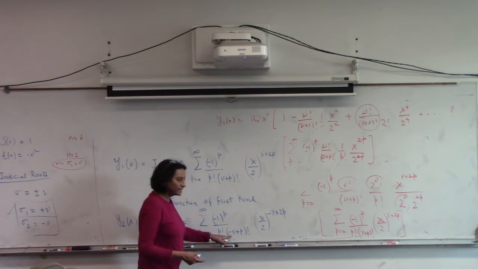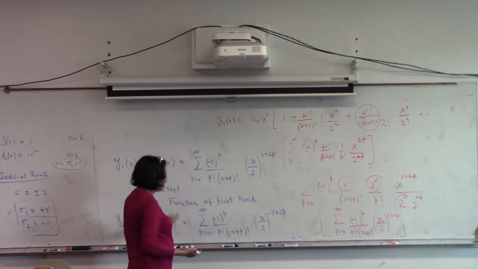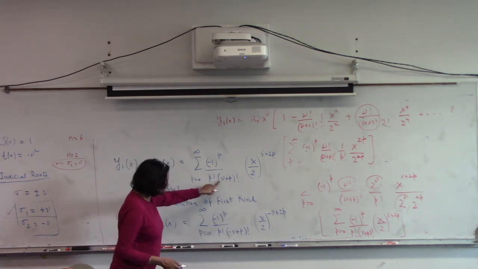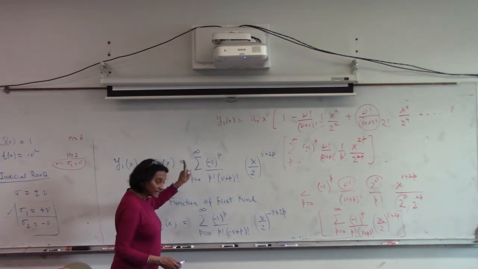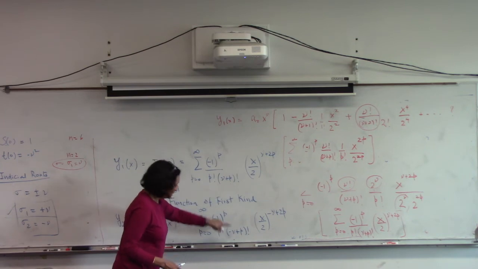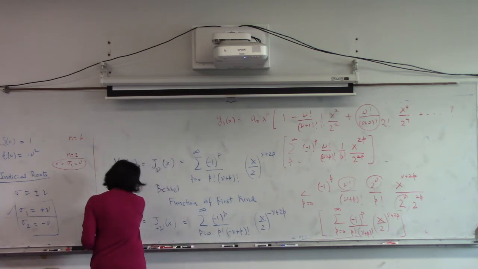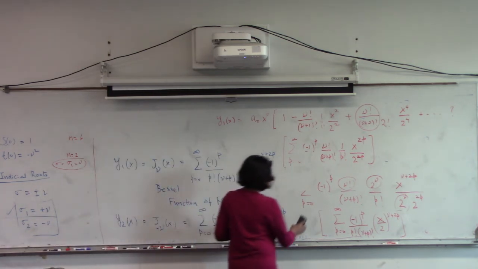This quantity can be half, can be fractional. But p is always an integer, so it's okay. That can be left the way it is. This quantity is normally written as gamma of mu plus p plus 1. Similarly, this will be written as gamma of negative mu plus p plus 1. That's the correct way to write it. Okay, so let me write it down.